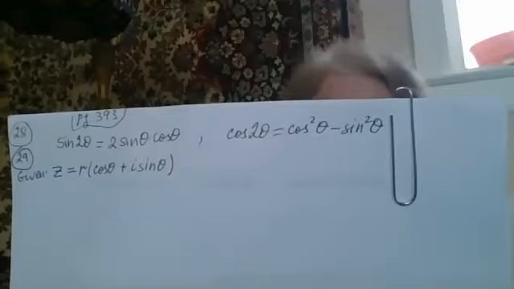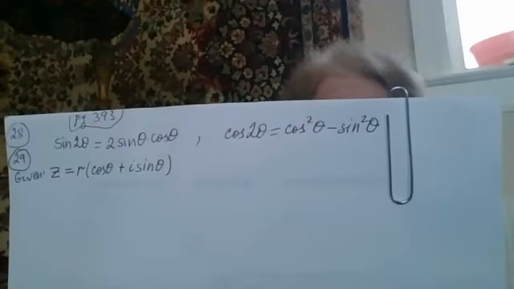What should I do? I will have my original number z in trigonometric form: z equals r times cosine theta plus i sine theta.